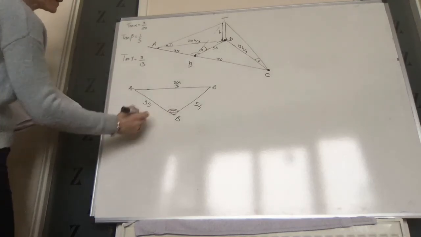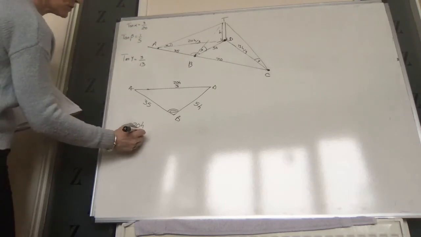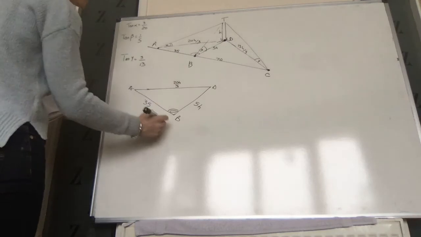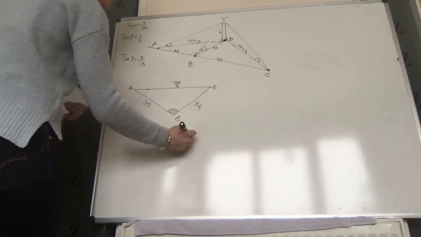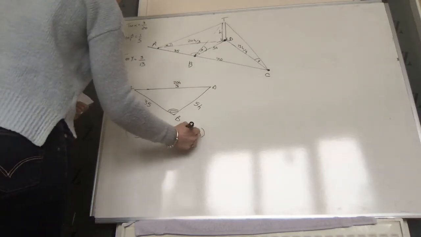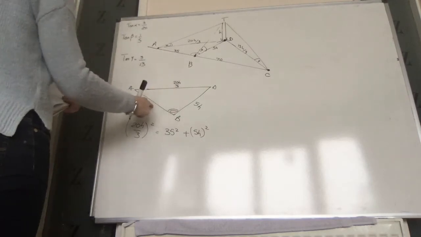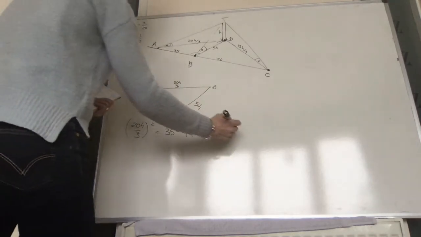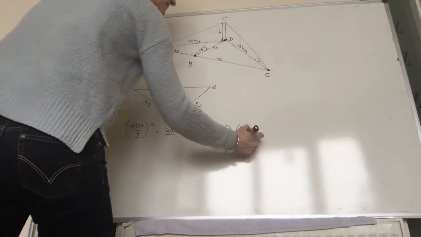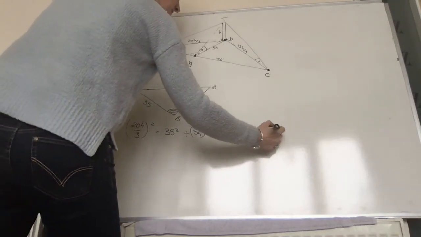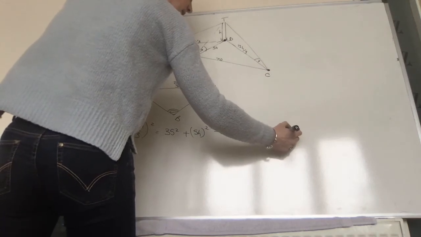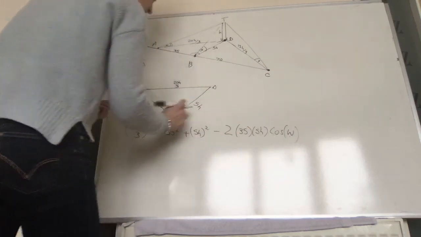So 20h/3 squared is equal to that side squared, 35 squared, plus 5h squared. That squared equals that squared plus that squared minus twice 35 by 5h times the cosine of the angle between them, which I'm just going to call W.